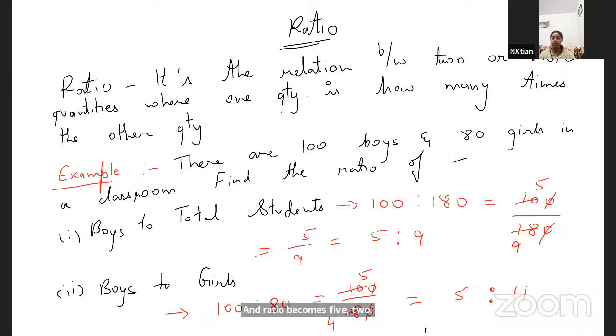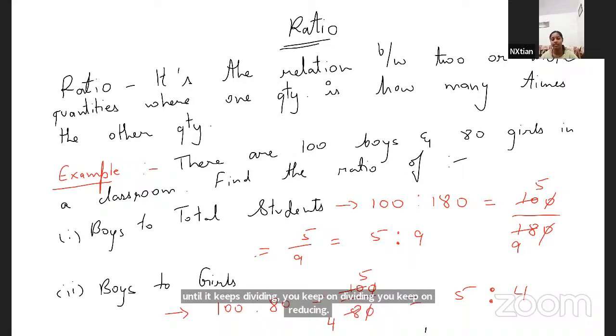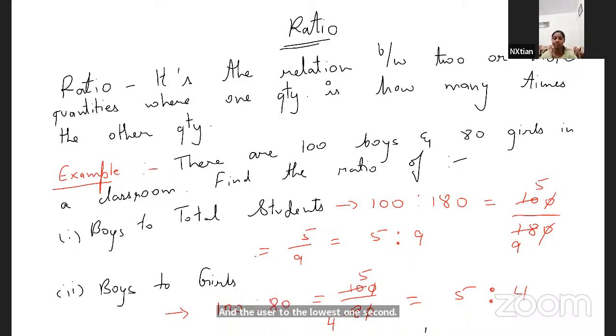So this is all about the ratio portion. This is how we calculate the ratio: we divide the terms, cancel, and reduce them to the lowest term possible. Ma'am, you keep on dividing, you keep on reducing until the lowest, and then you will get your ratio.